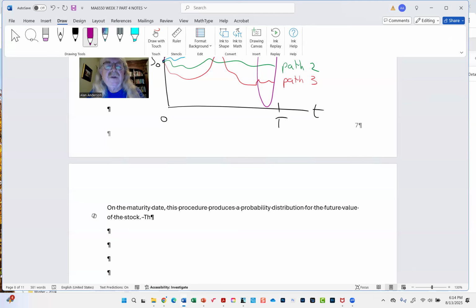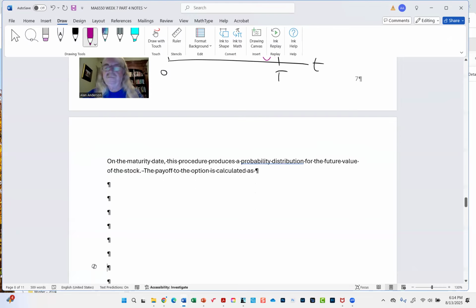So average the payoff to the option, and let's assume that it's a call, calculated as the average of S minus X, or 0.